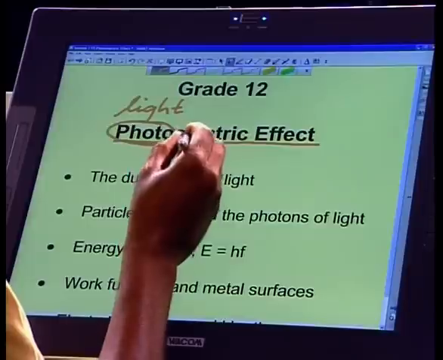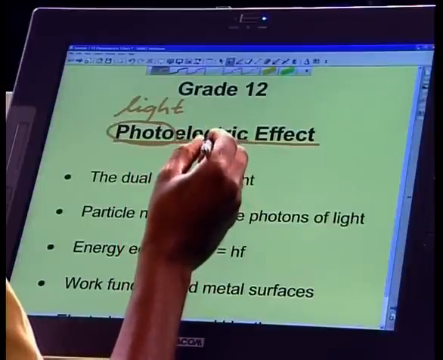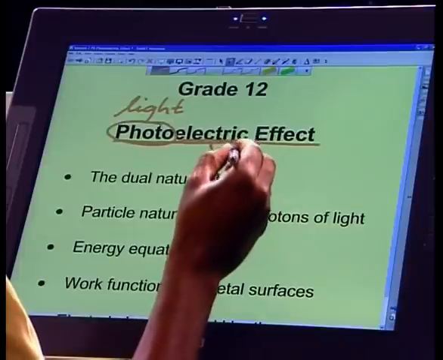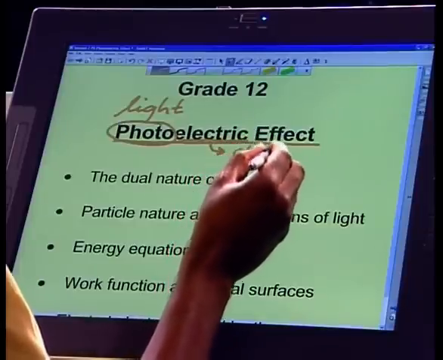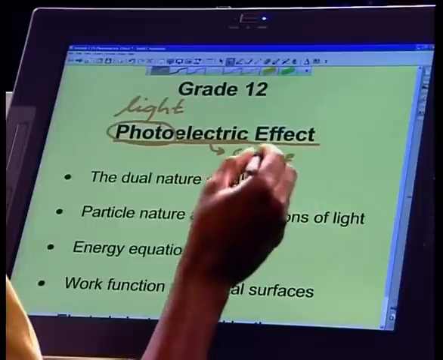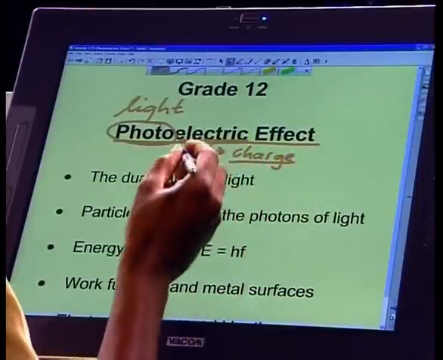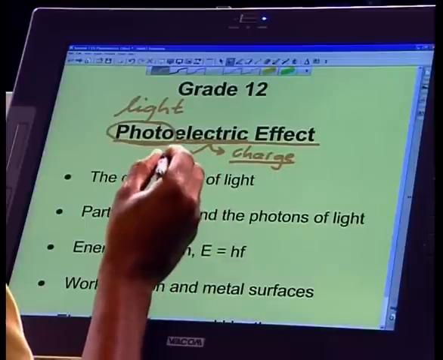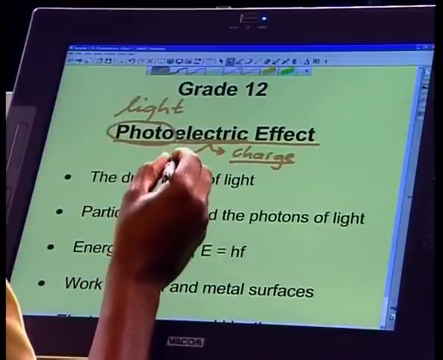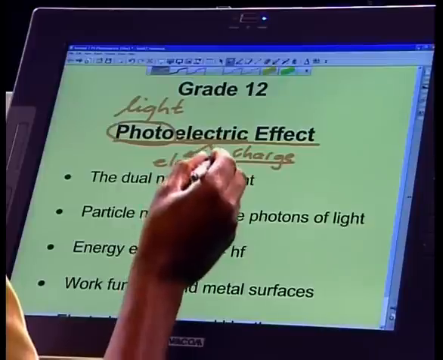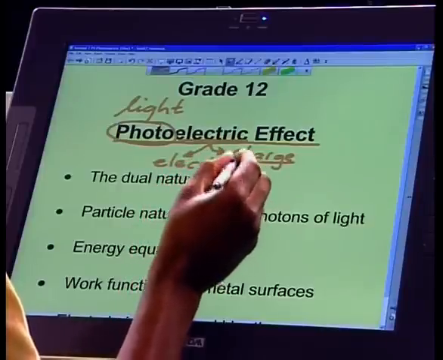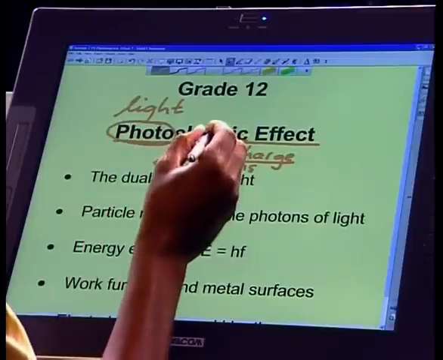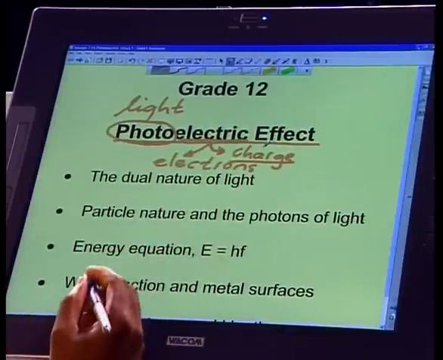The word electric obviously has something to do with charge, because we can have electricity from charge. And specifically in this lesson, this word electric will have some reference to electrons. Okay, so we'll be talking a lot about light and electrons and the effect of that.